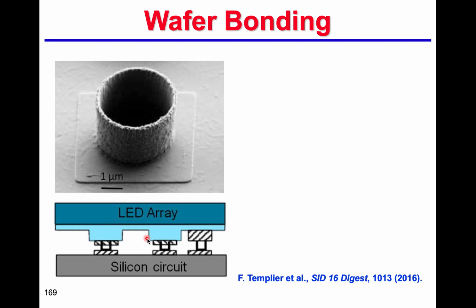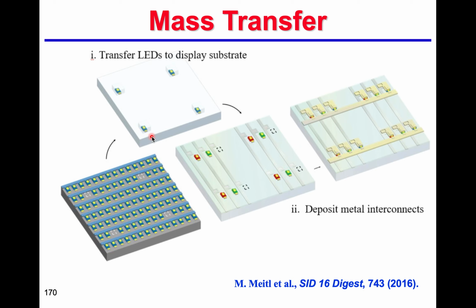For example, we can use this kind of shape to bond the LED chip with the silicon circuit. When we combine these two, we need to use this kind of wafer bonding.